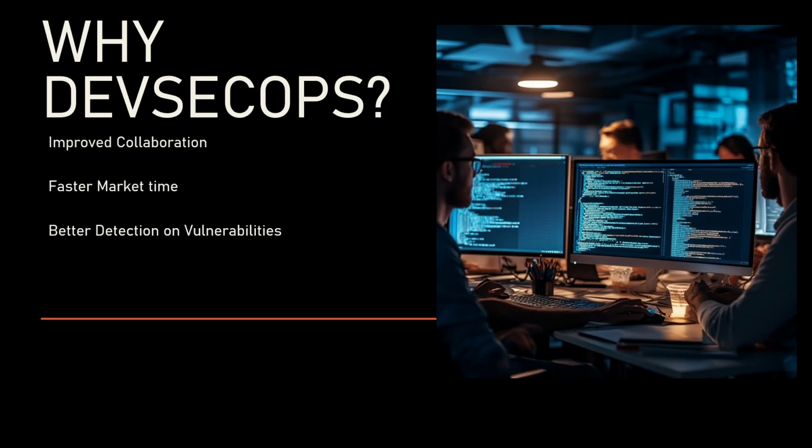So with DevSecOps, we find better detection of these vulnerabilities. When we have security being implemented as early as the planning phase, it means that we can find potential weaknesses and flaws in our system as soon as they pop up. As soon as the tests are run, which they're run at every step of the phase, we can address them right away rather than letting someone come into our system and break it.